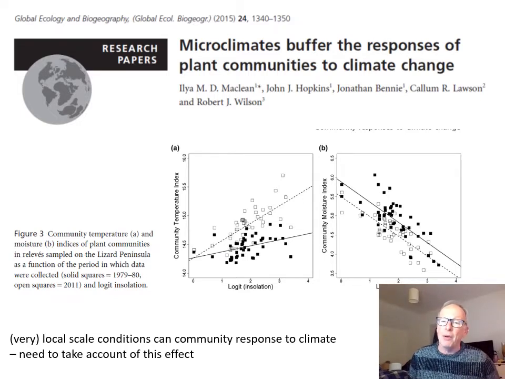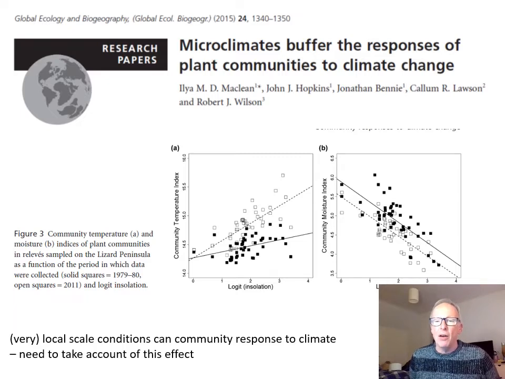Another important outcome of recent work is that it's clear that the effects of temperature extremes and trends in temperature can be strongly mitigated by local effects.